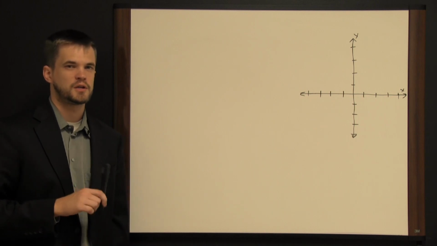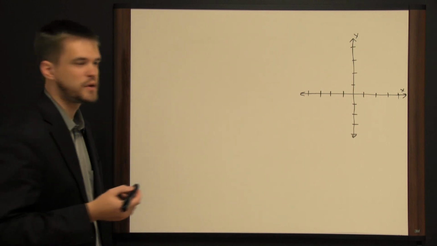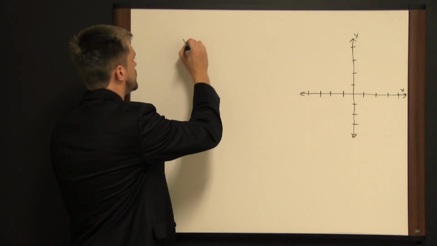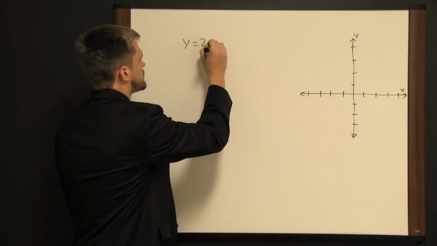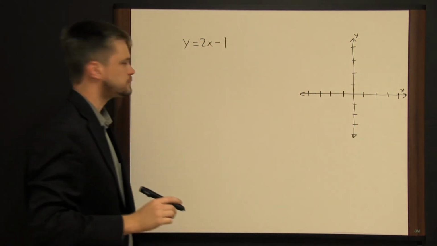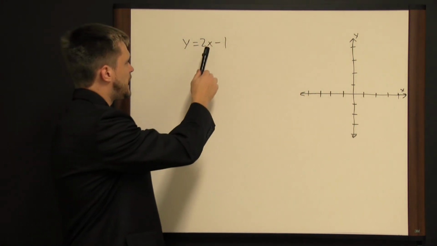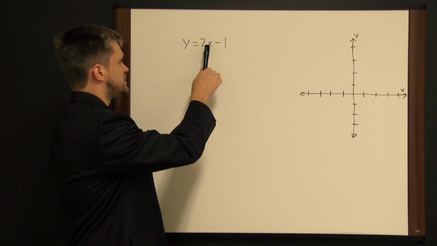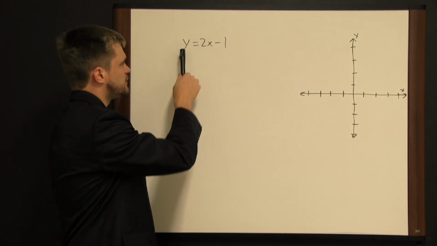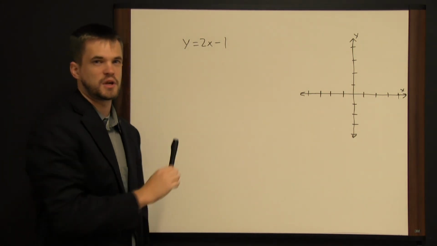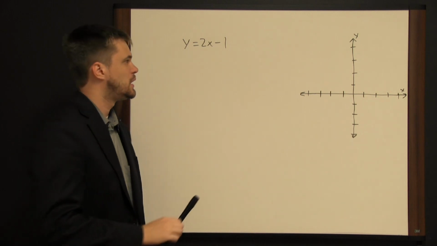So let me show you what I mean by that. Let's say we have the linear equation y equals 2x minus 1. Now we could plug any value of x into this equation and it would generate a value of y for which the equation would be correct.